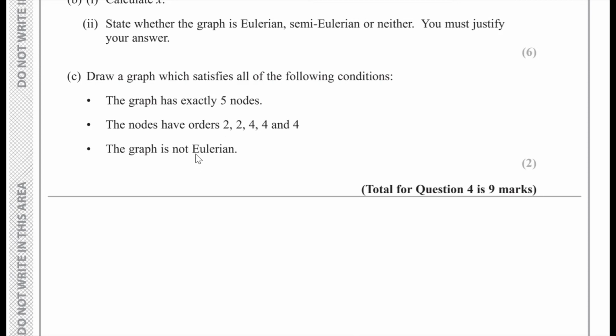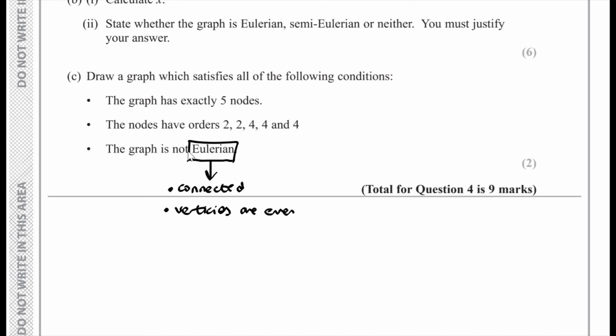Now by definition, what we mean by Eulerian is that the graph is connected and all the vertices are even. So these are the 2 conditions which must be satisfied for an Eulerian graph. Now we were told that the graph is not Eulerian.